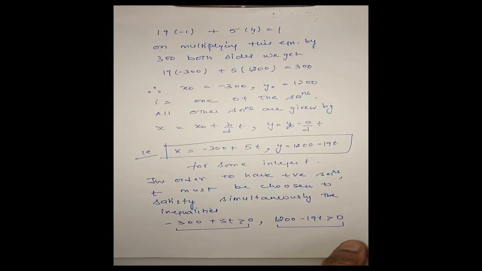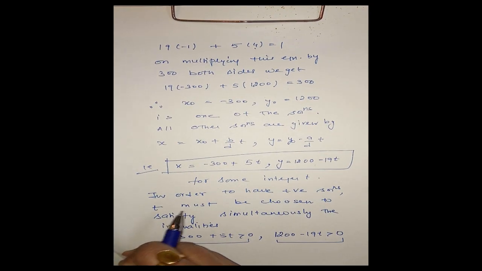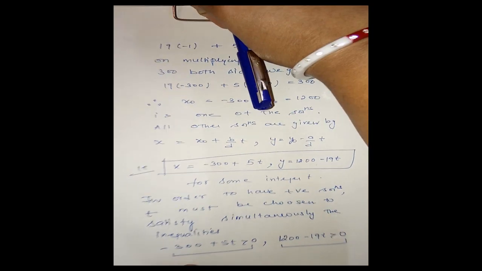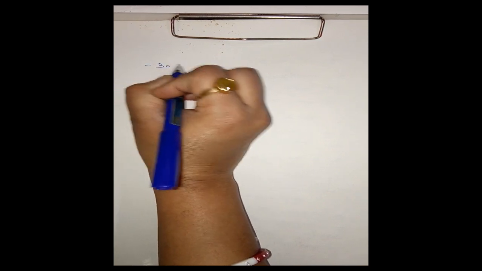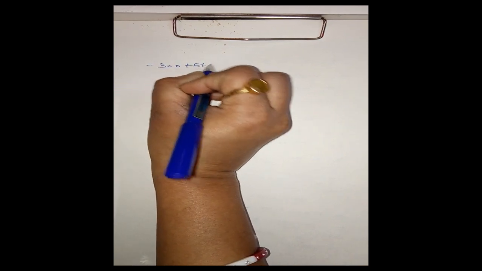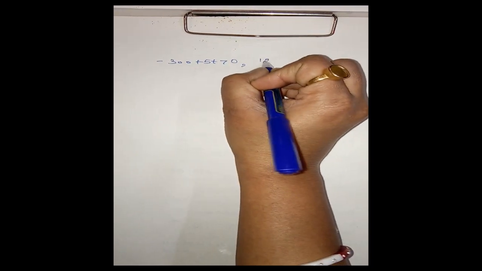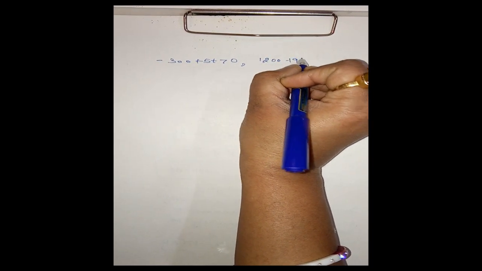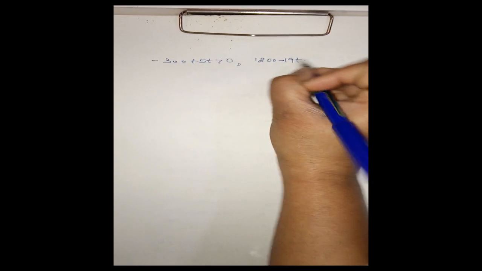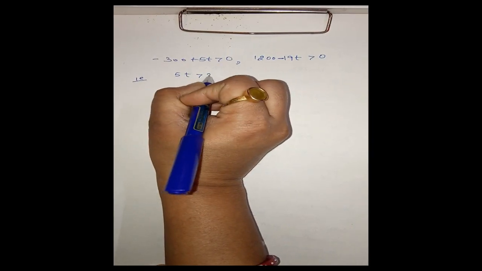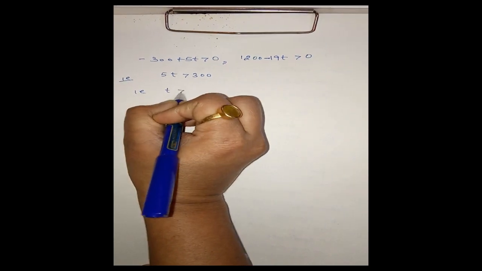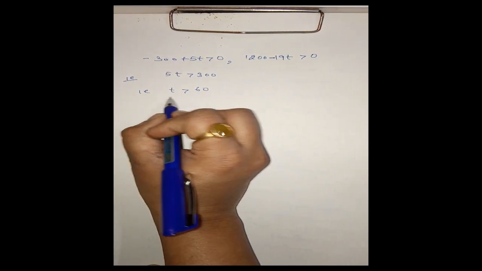Clear? Now, first is minus 300 plus 5t is positive, and second is 1200 minus 19t is positive. From here, 5t is greater than 300, that is t is greater than 300 by 5, that is 60.